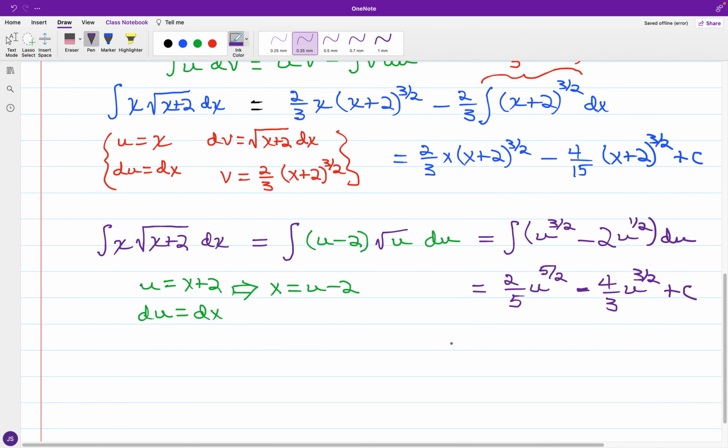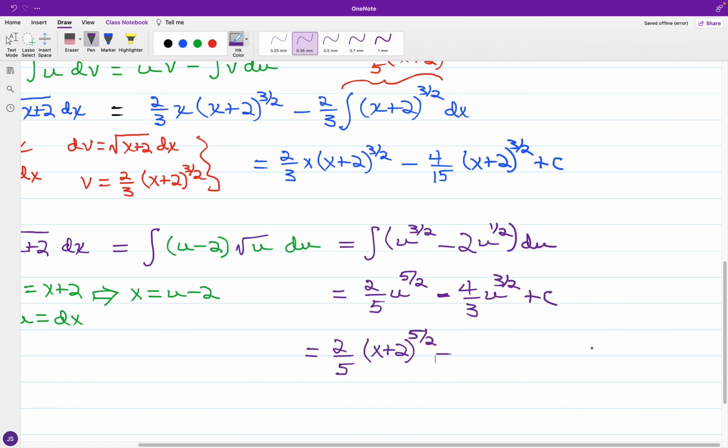For back substitution, this becomes 2/5 of the quantity x plus 2 to the 5/2 minus 4/3 of the quantity x plus 2 to the 3/2, followed by the constant.